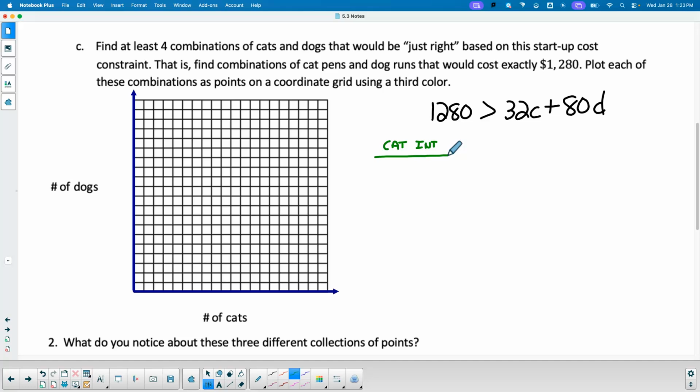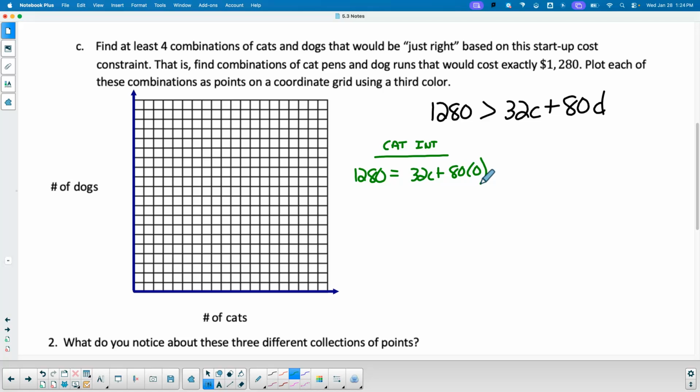Remember, I'm trying to relate this back to x and y intercepts, right? When we had the x-intercept, what was true? Y was 0, right? So if I have the cat intercept, dogs is 0. So 1,280 is going to equal 32c plus 80 times 0. Well, 80 times 0 is just 0.